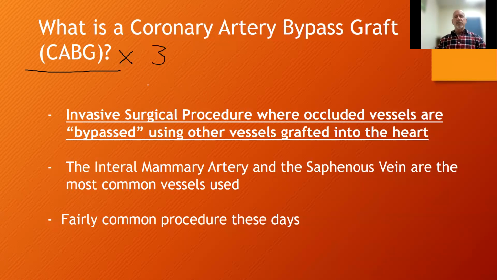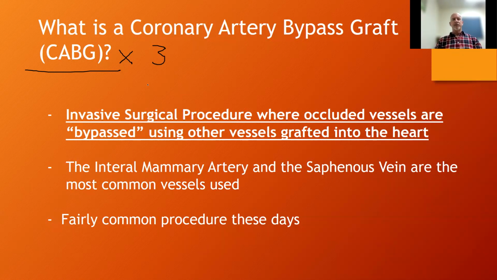That's the number of vessels they bypassed. So in other words, if your right descending artery and your left descending diagonal and your circ, all 3 of those are occluded, then they will bypass all 3 and you've had a CABG times 3. So if you see that in the charting, that's what it's saying.